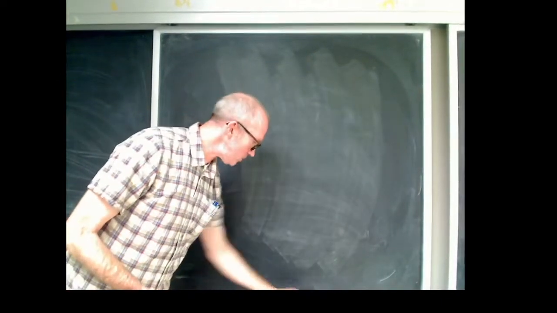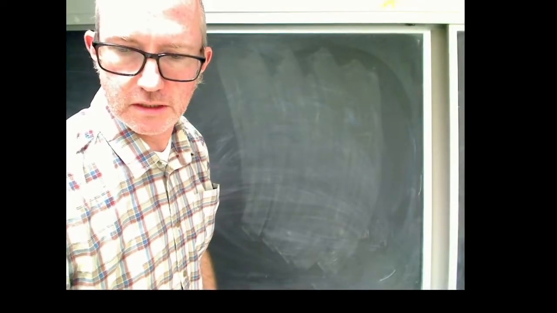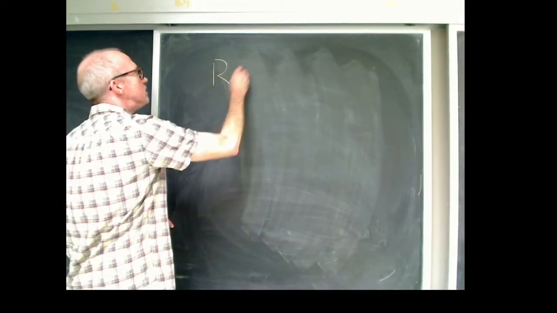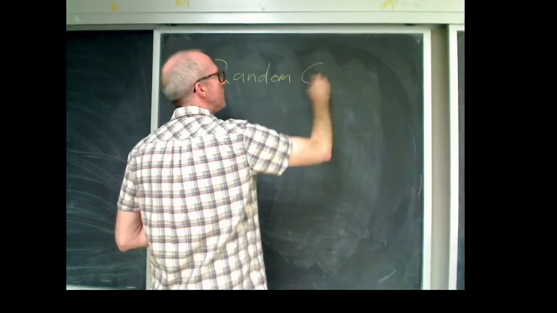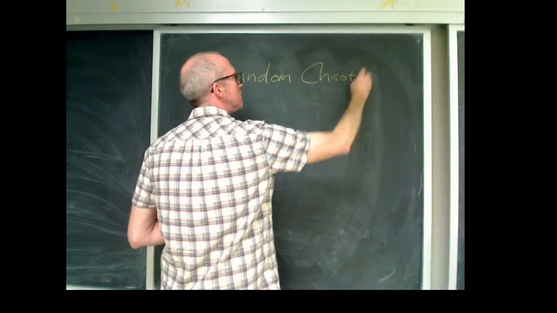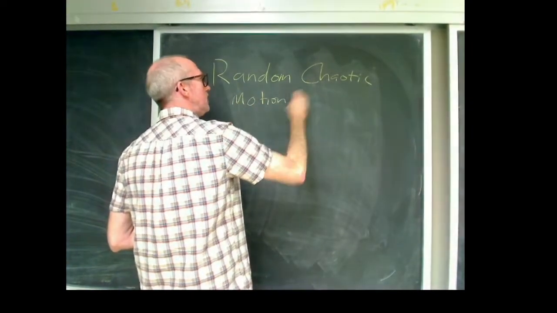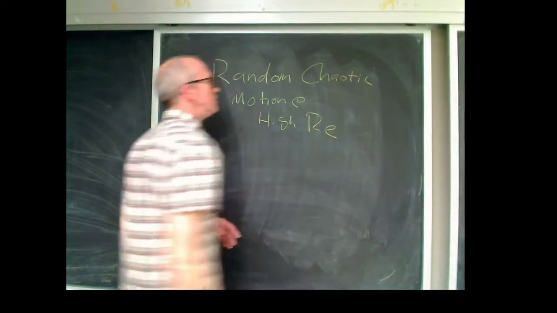So, what is turbulence? Turbulence is random, chaotic motion at high Reynolds number.